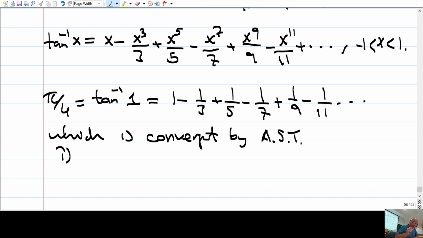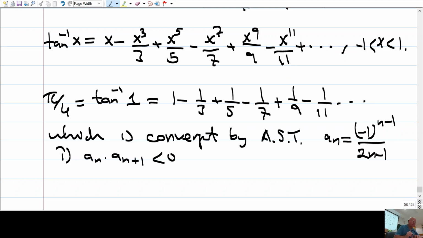First condition, so a_n is what? a_n is minus 1 to the power n minus 1 divided by 2n minus 1. When n equals 1, you get 1. When n equals 2, you get 3, and so on. And the sign keeps changing. So the a_n's are alternating. One of them is positive, the next one is negative.